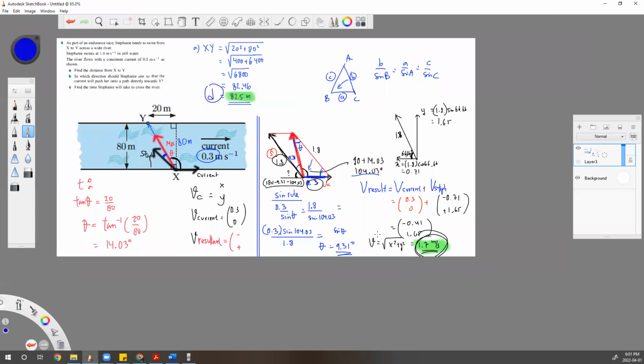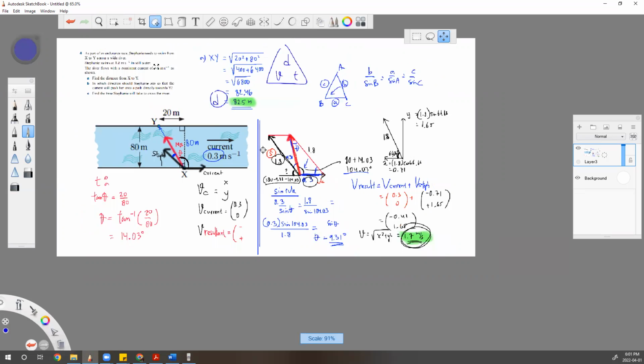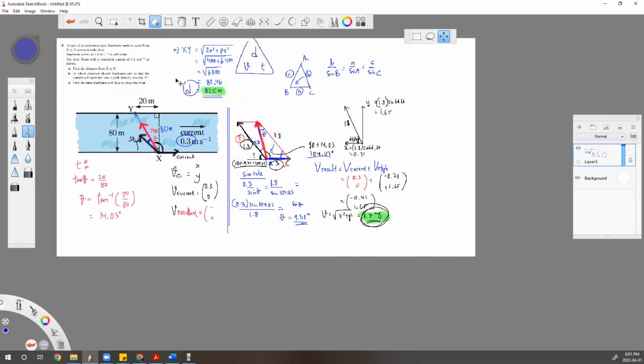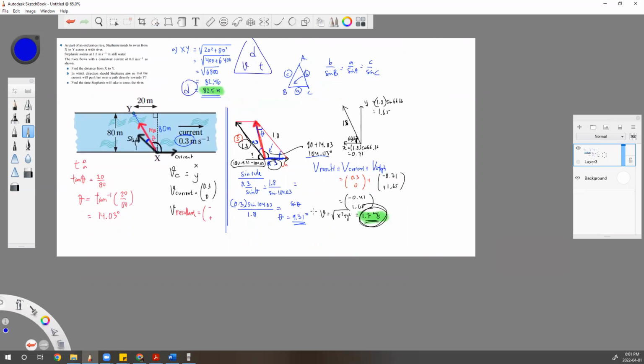So distance is velocity times time, right? So for question C, I think I need to scale this writing. For part C, the time taken will equal distance over the velocity.